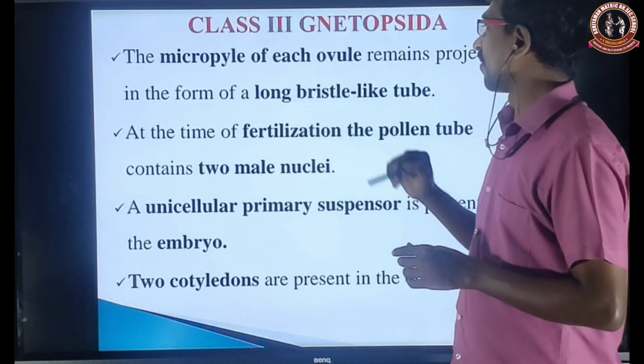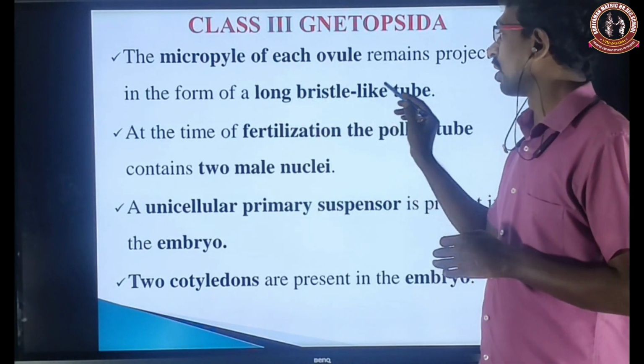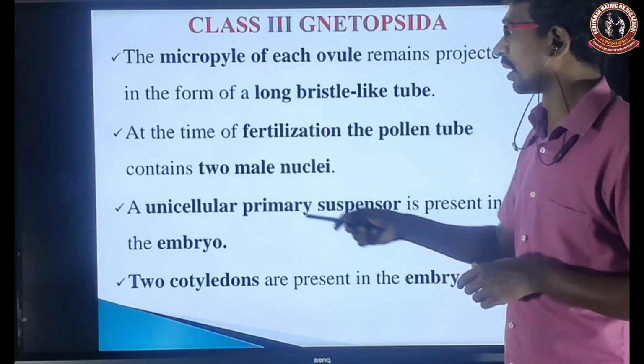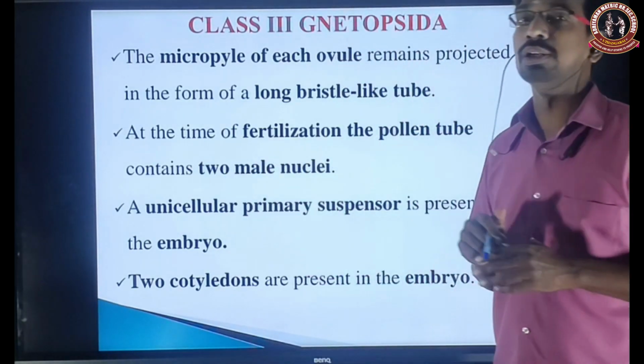The micropyle of each ovule projects in the form of a long bristle-like tube because it wants to receive the pollen grain. At the time of fertilization, the pollen tube contains 2 male nuclei.